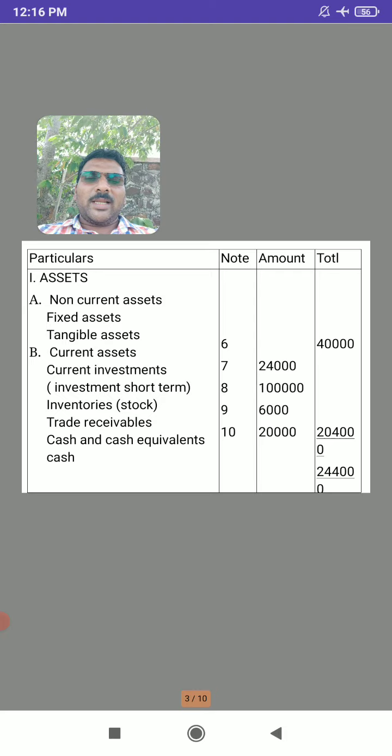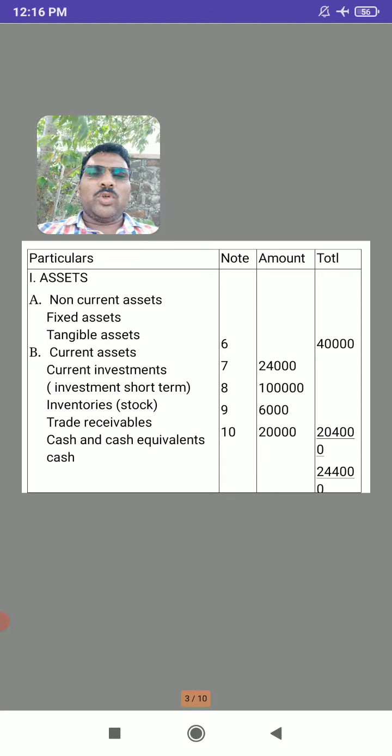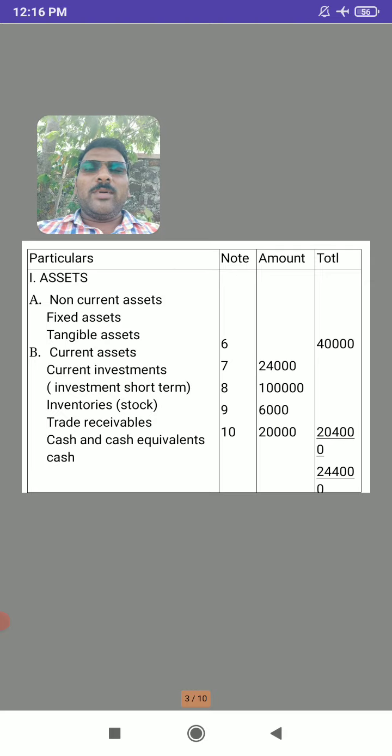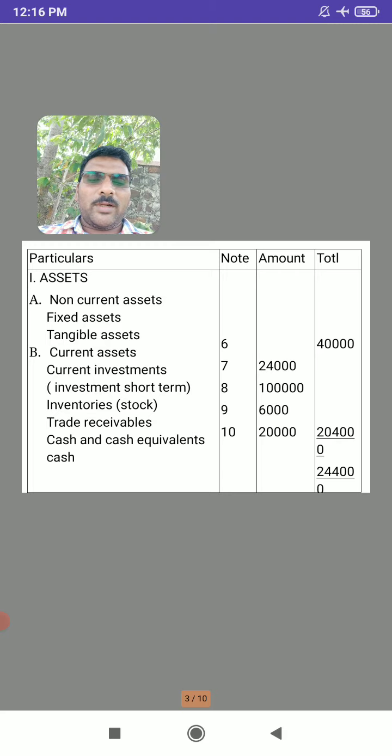Trade receivables under note 9, 60,000, and cash, note 10, 20,000. So in total we have 2,04,000 as current assets and the tangible asset as 40,000. So the total assets is 2,44,000. We have seen the total liabilities are also 2,44,000 and the total assets are also 2,44,000.